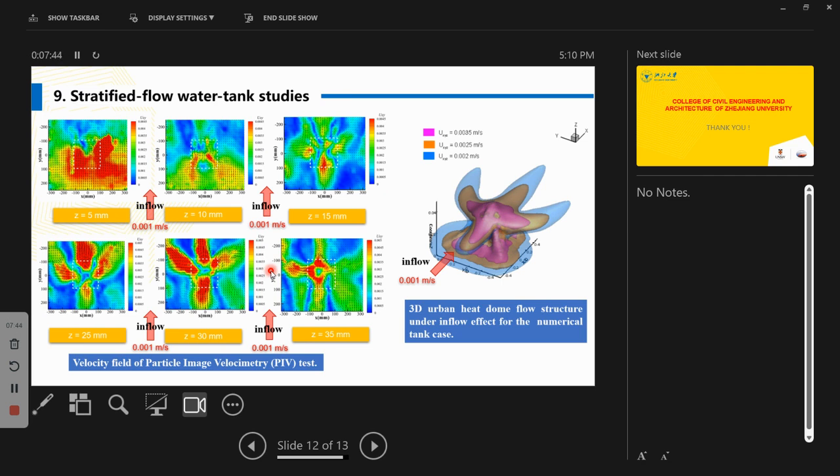Also, with the help of the PIV system, we can capture the urban heat dome flow structures at different heights with the effect of the inflow speed. More cases are being studied now, so we can get more results to obtain the average velocity field.